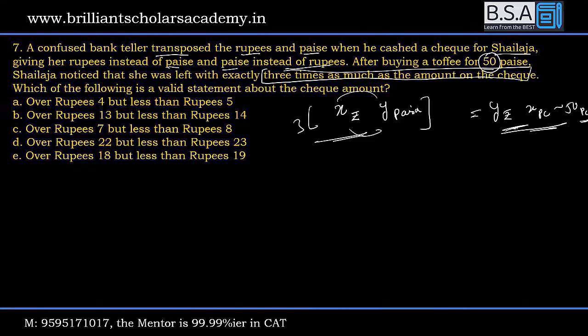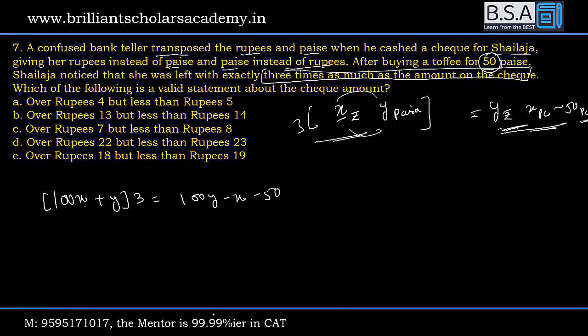So here if you observe, I can convert rupee into paisa. I can say earlier it was 100x. X is rupees, now 100x is paisa plus y, into 3 is equal to 100y minus x minus 50.